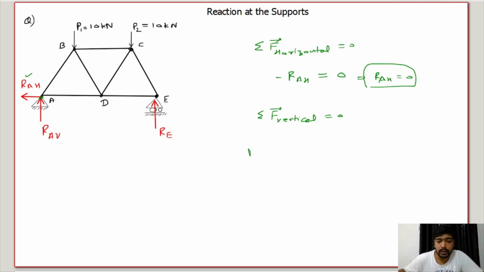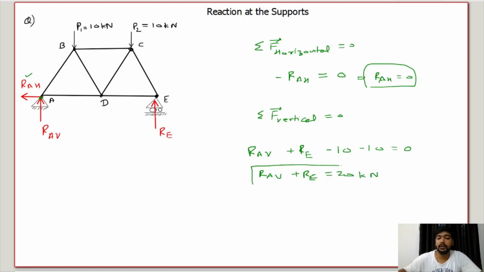So RAV plus RE minus 10 equals to 0. So we got RAV plus RE equals to 20 kilo, right? We got this equation.